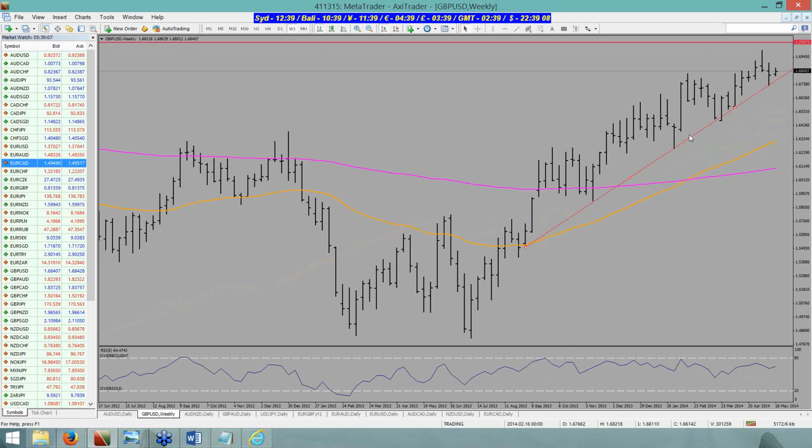One, two, three, 4 touches. What's that Elliott wave stuff? Wave 1, 2, 3, 4, 5, 6. You certainly got 1, 2, 3, 4 waves.